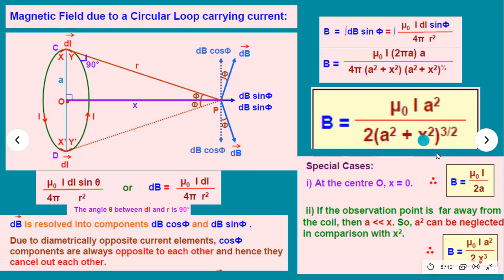Therefore, we get B as mu naught I by 2a. If the point is very far away from the coil, then a is very much lesser than x. So you can neglect a here. So B becomes equal to mu naught I a square divided by 2x cube.